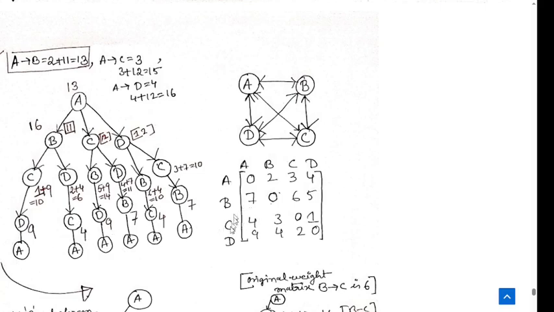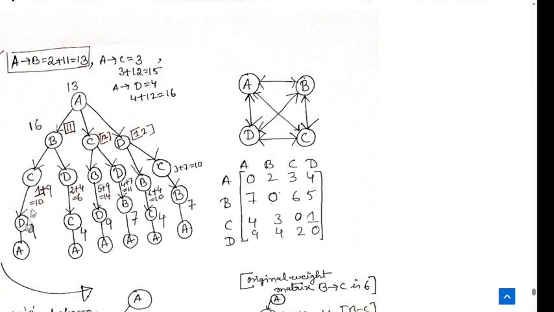Then D to A is 9, we'll write 9. Then B to A, according to the weight matrix, distance is 7, we'll write 7. Then C to A is 4, and then B to A is 7. So these are all the distances that we have calculated from the second last city to the starting city.